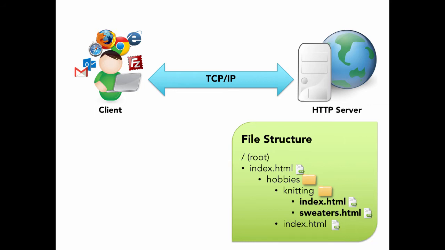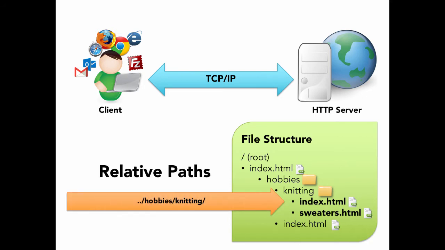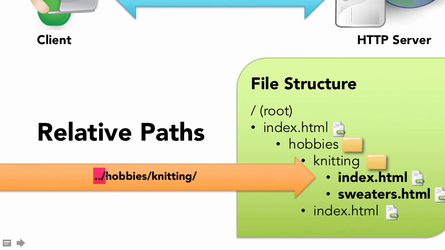And what that does, for example, is if we are working on, say we've got the main page in the hobbies folder, so we're in the index.html of the hobbies folder, and we want to make a link to the main knitting page. What we would need to type is the ../ first.